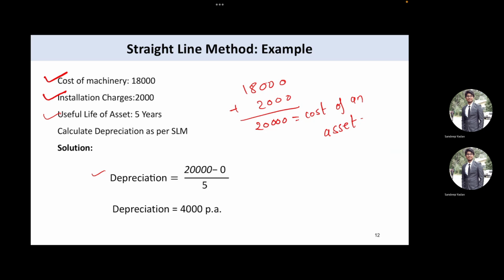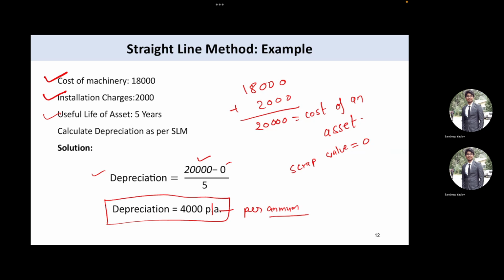Now, scrap value is not given. Whenever the scrap value is not given, we have to assume it as 0. So now depreciation will be 20,000 minus 0 upon 5, that is 4,000 per annum, or we can say per year also.